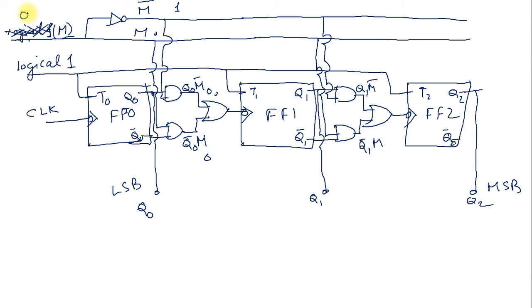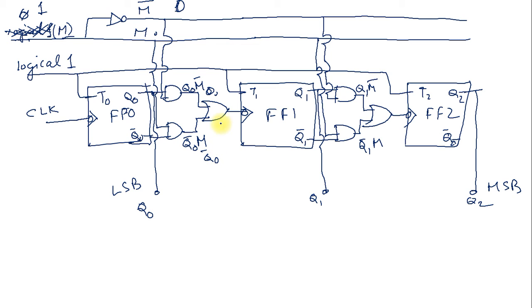If I am providing here 1, M complement should be 0. So here it is 0, but it is the Q naught complement. So the clock of the next level is got from Q naught complement.